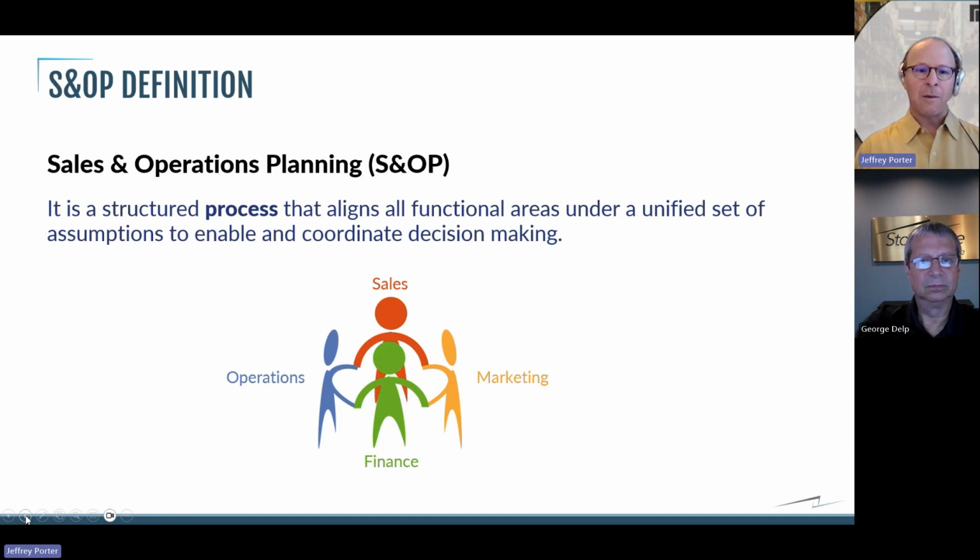Okay, well, let's talk about marketing and their role in all of this. Marketing's role is to help support that increase in demand through various marketing activities that are going to influence potentially what happened to sales. So let's say last year our sales came in at 10 million.